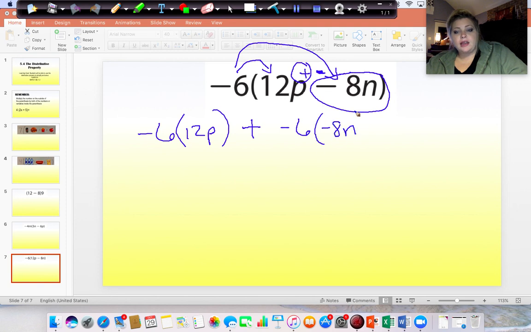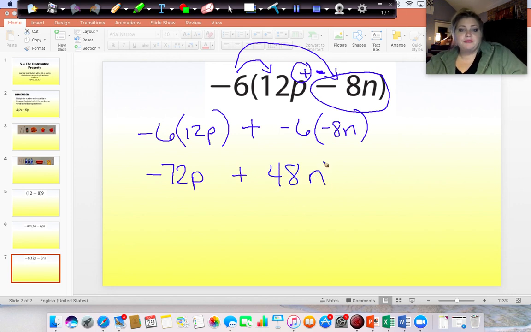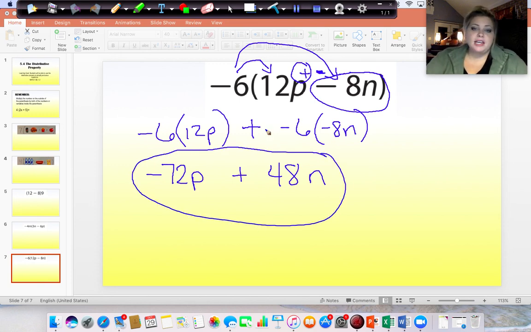Negative 6 times 12 gives us negative 72p. Plus negative 6 times negative 8n gives us positive 48n. And again, that's as far as we can combine that expression.